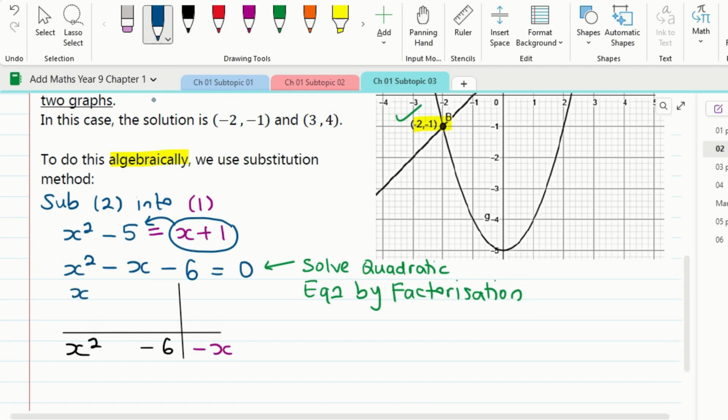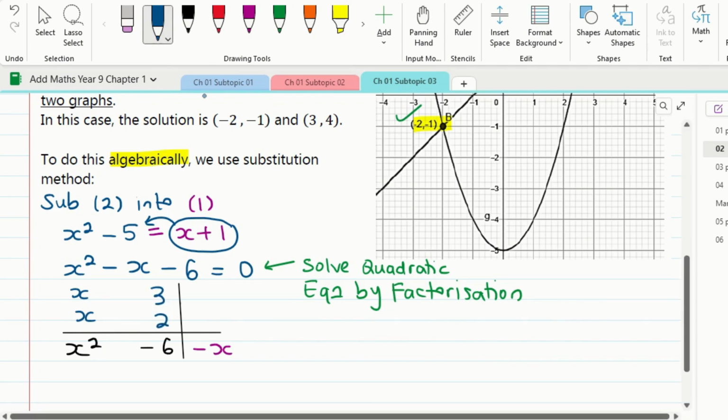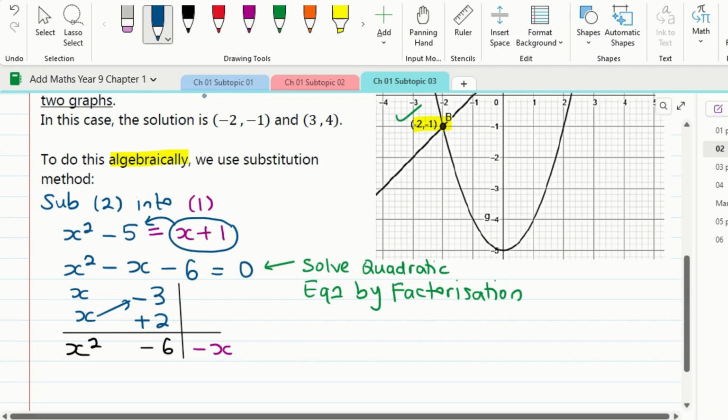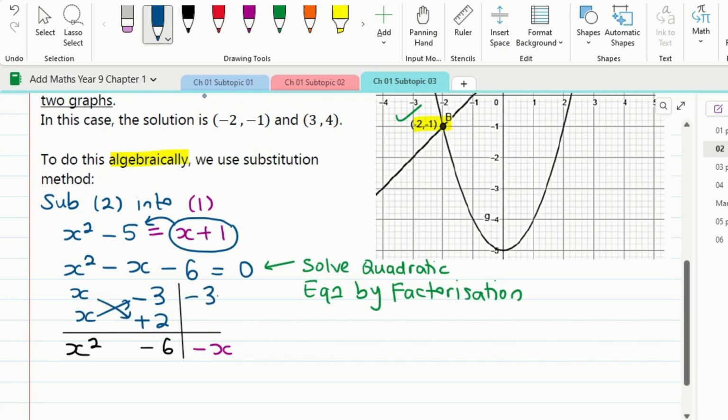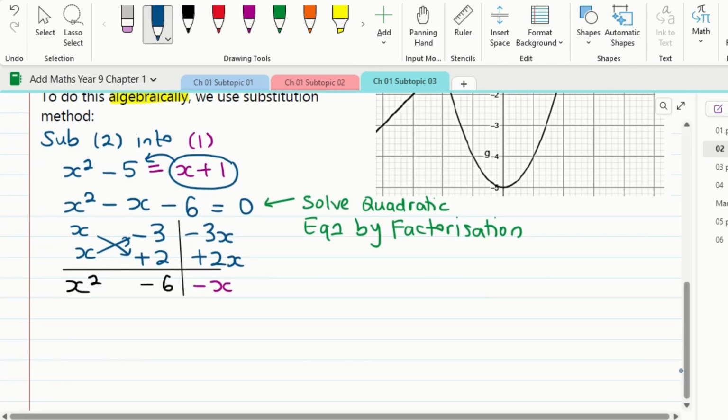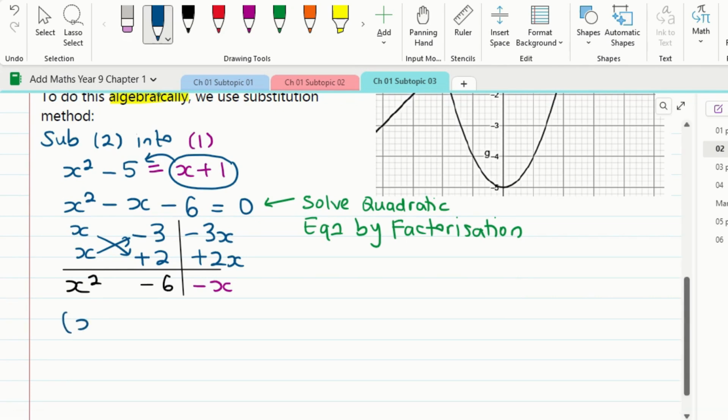I will just straight away give you the solution. To get the negative x in the end part, you will use negative 3 and plus 2 as the factors of negative 6. When you cross multiply this, negative 3x plus 2x gives you negative x correctly. So for this part, you will write down next (x minus 3)(x plus 2), which you have done before.